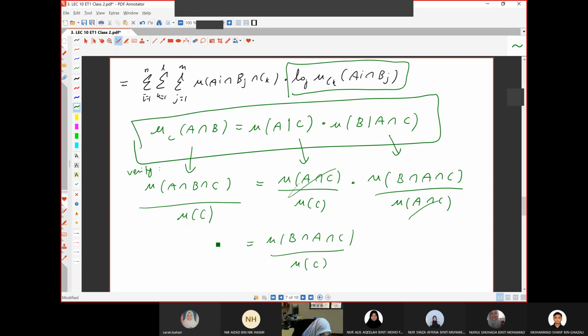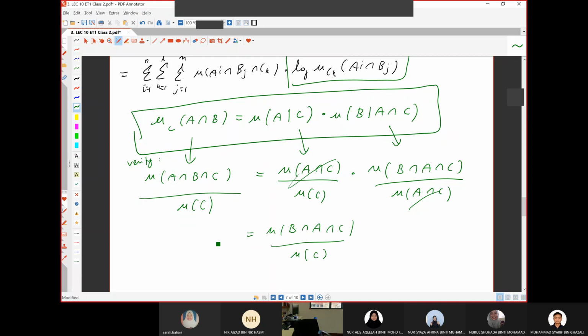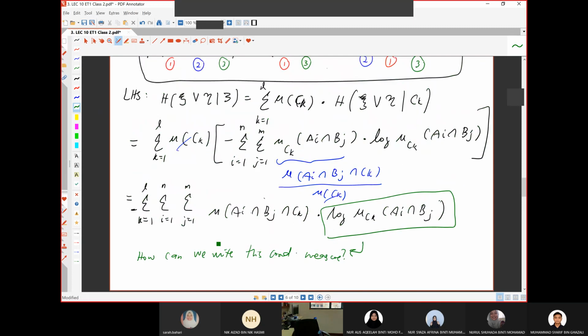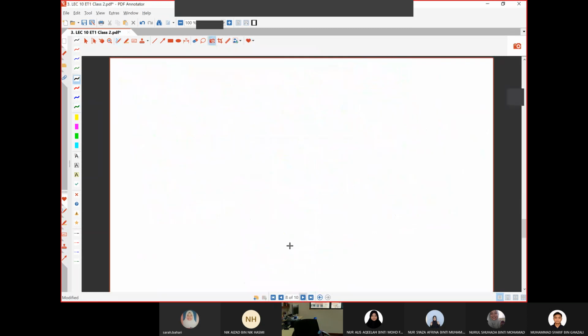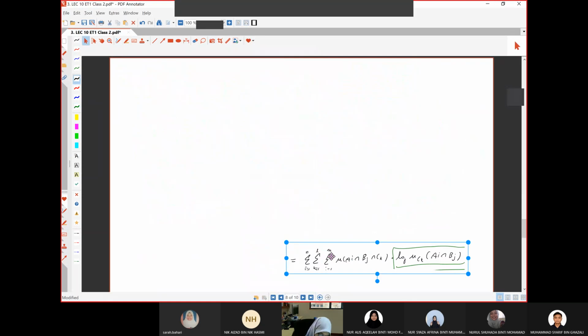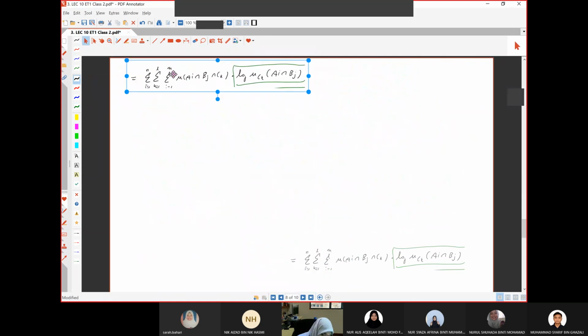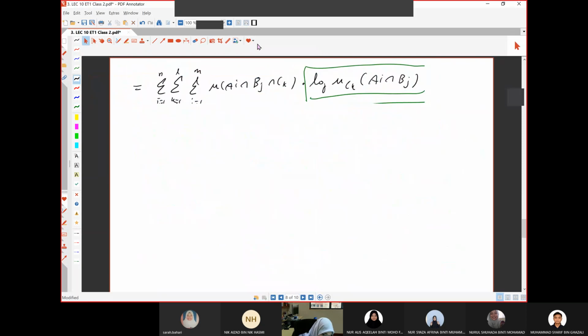Okay, now let's come back to our equation here. Okay, I use this. Okay, this sum. Now we want to simplify the sum, this log.